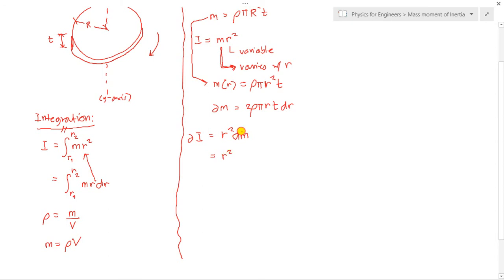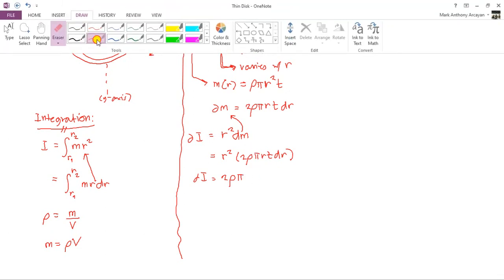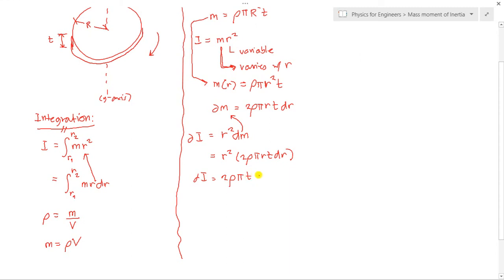However, we already have the value of our derivative of mass, so plug in 2 rho pi r t dr. Then simplifying further, the derivative of its moment of inertia is 2 rho pi r cubed. The thickness of the disk is constant, so we have 2 rho pi t r cubed dr.